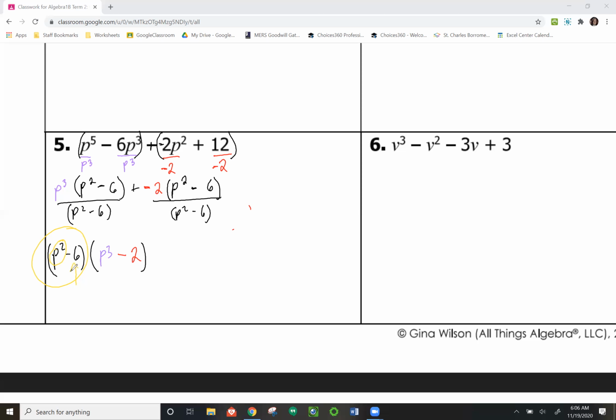Because the 6 is not a perfect square, okay? If this 6 were, say, a 4 or a 16 or a 36 or a 49, we would be able to continue to factor this by factoring this guy using the difference of squares method. But on these first examples, they just have one technique that they're using, okay?